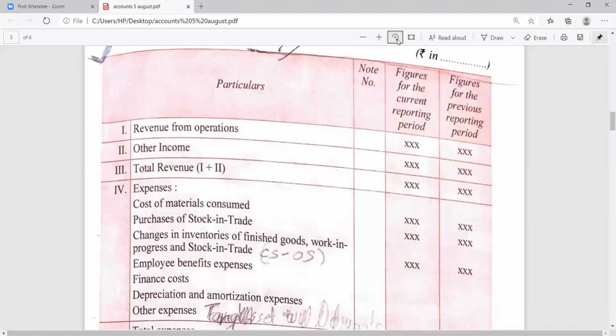First of all, in chapter number 2, we will read each and every tool in an explanatory, theoretical manner, and after that we will do the practical numericals of every topic. So that is all for the day.